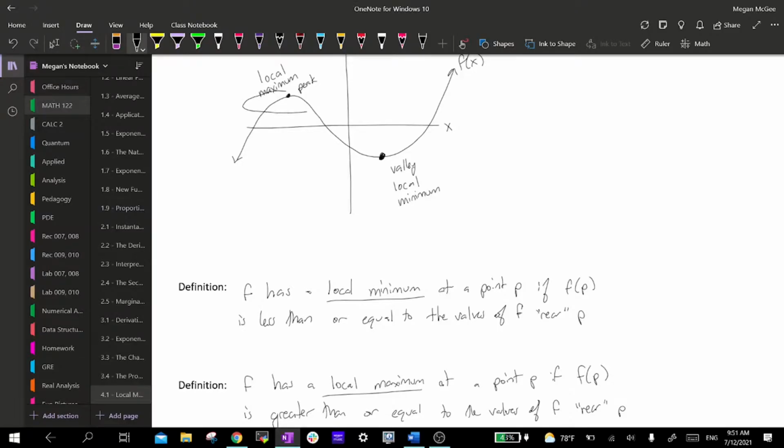And for these values that are kind of near P, we have the max of all of those. That's our local maximum, the very top of that peak.